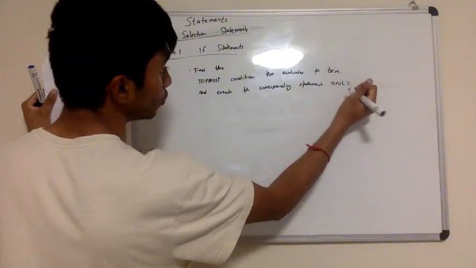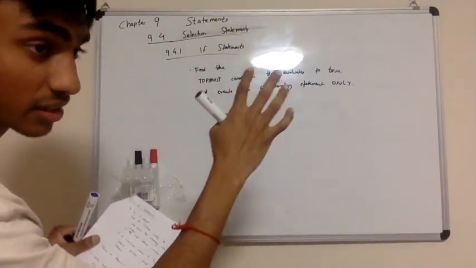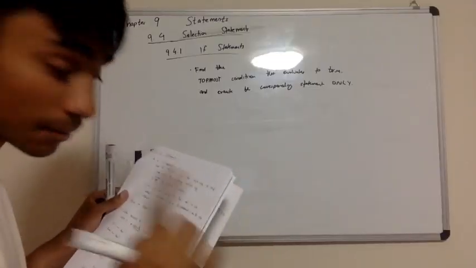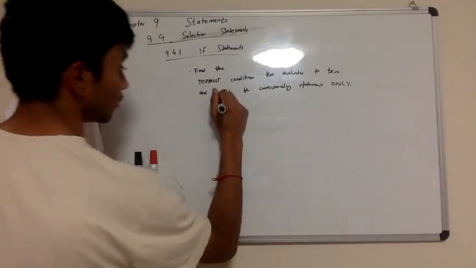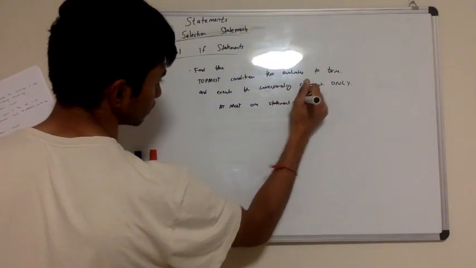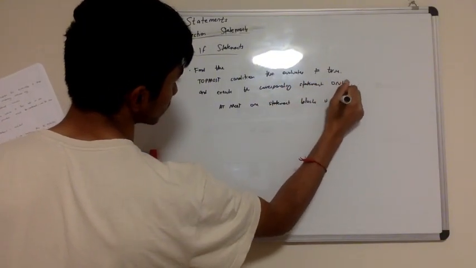So only the statement that corresponds to that particular condition is executed. Everything else is not executed. So at most one statement, I should say statement block maybe, is executed.